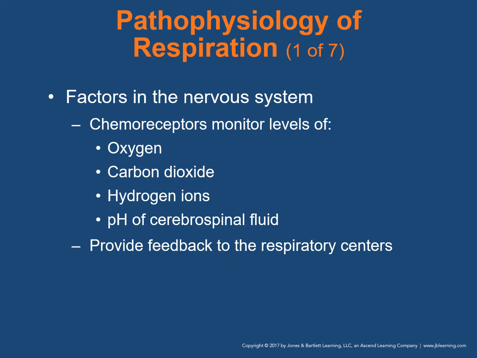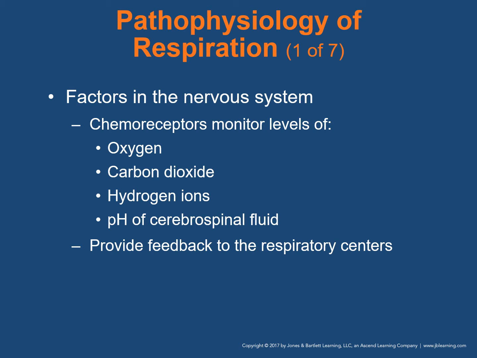So let's talk about the overall functionality of respiration in the body and what it is that causes us to breathe, to need to breathe. As I talked about a few slides back, you do have the need to breathe because of carbon dioxide. So what happens is there's some receptors, we call them chemoreceptors, in the blood.